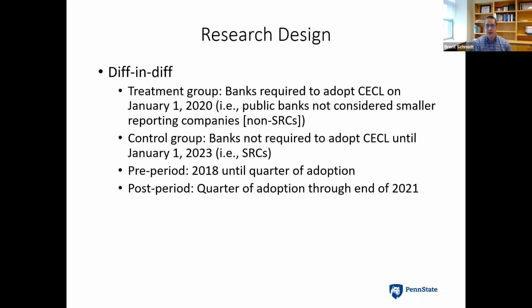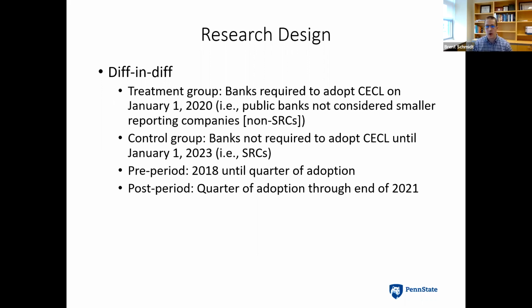But then with the onset of the pandemic, in March of 2020, the CARES Act was signed into law, which allowed banks to delay the implementation of CECL until 2021. And then there was another act, the CAA, which I forget off the top of my head what that stands for, also passed, I believe at some point in 2021, that gave another option to delay until 2022.